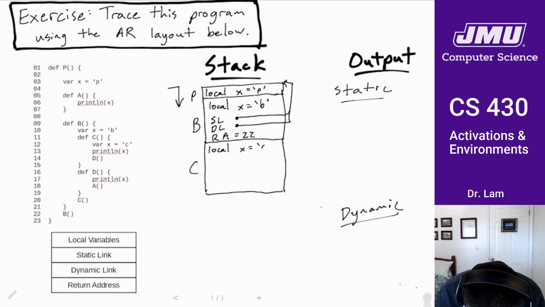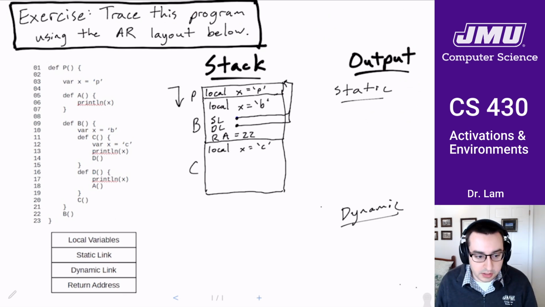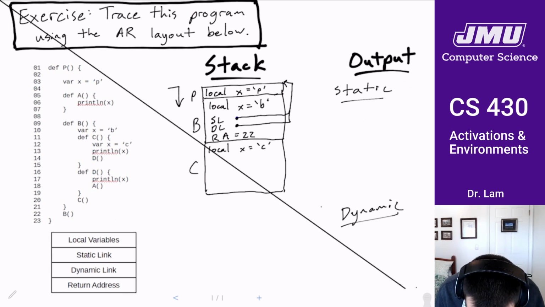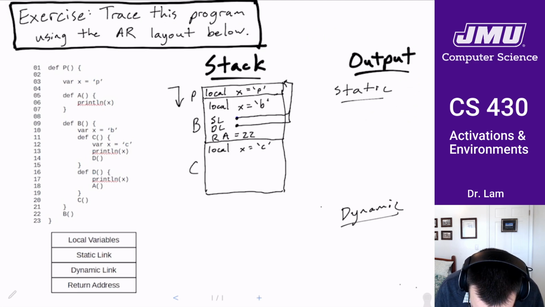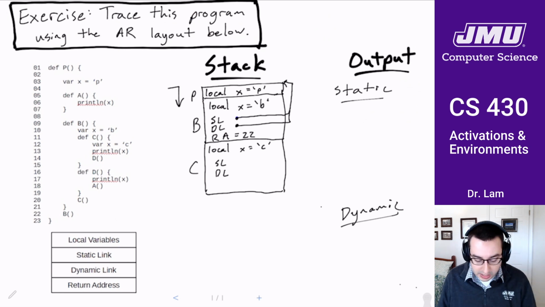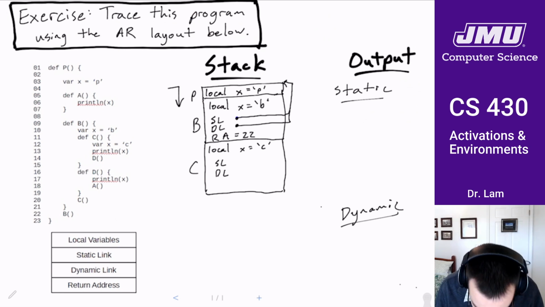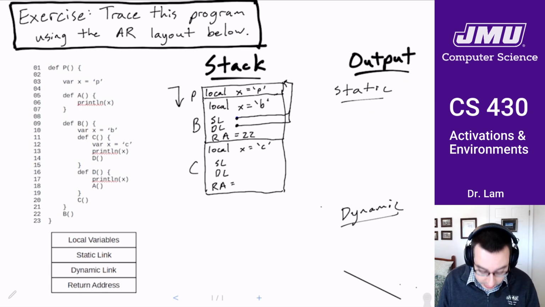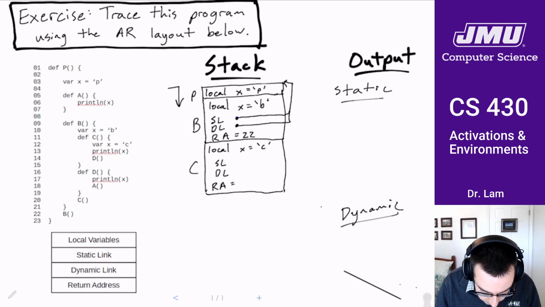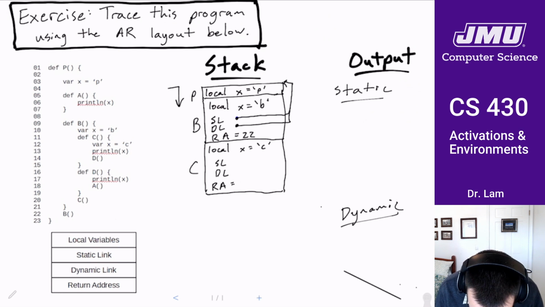Its value is C, as you might expect. We're going to have a static link, a dynamic link, just like we had for B, and we're also going to have a return address. That return address is where C was called, which is line 20.